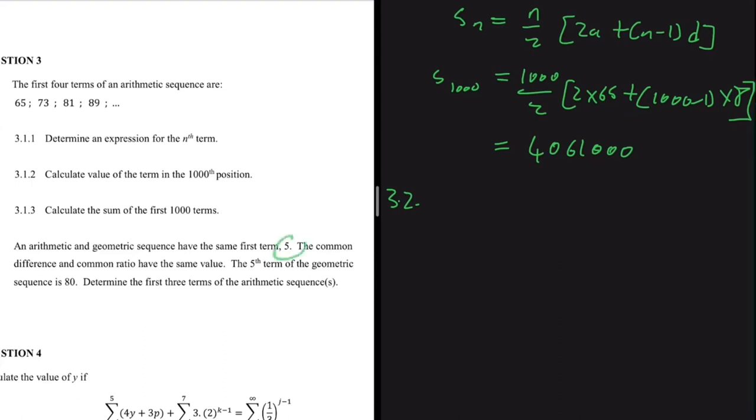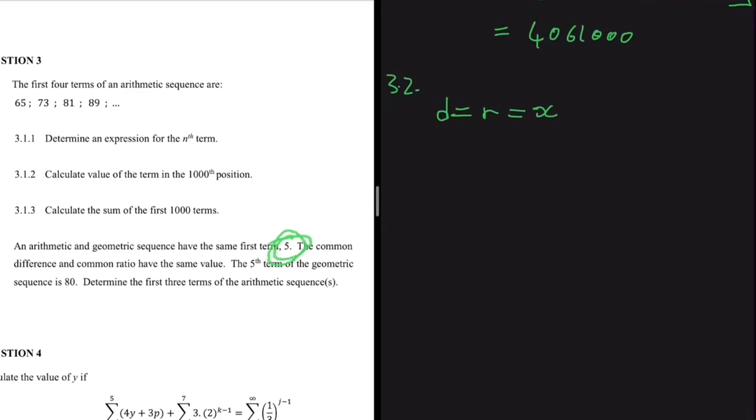It's said to be 5, and then the common difference and the common ratio have the same value. So let's do it like this. So the difference is equal to the common ratio on the geometric, right? But they're the same, so let's just put x. Let's use x, right?